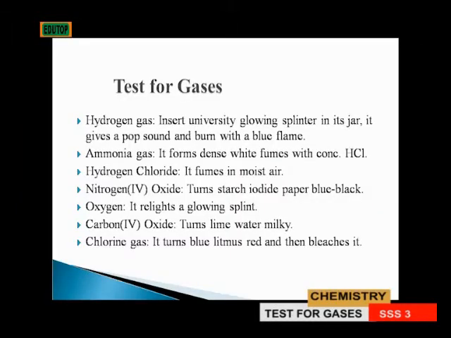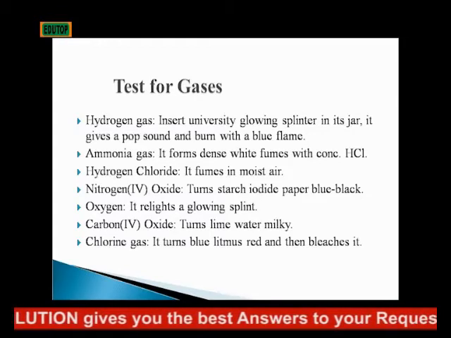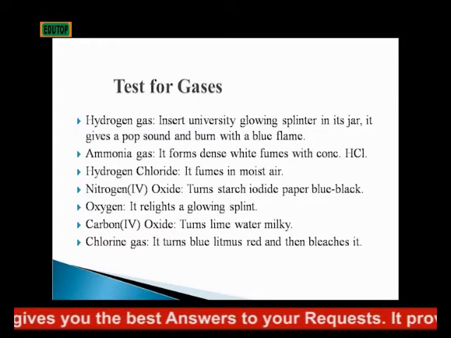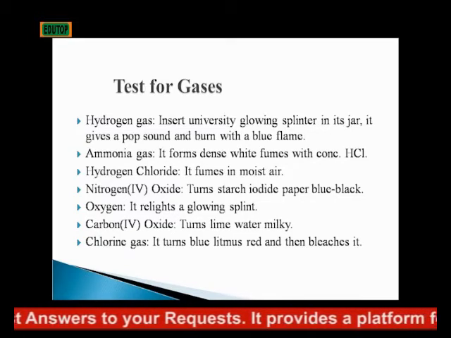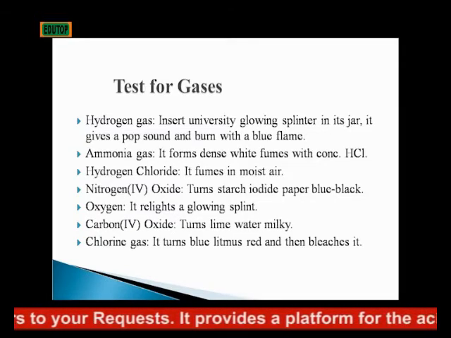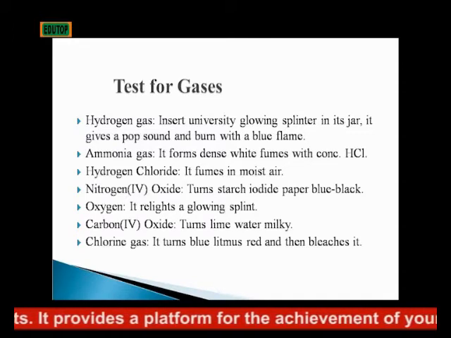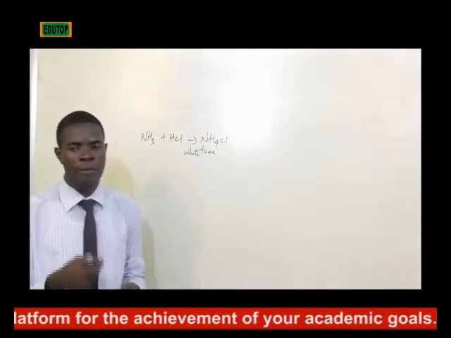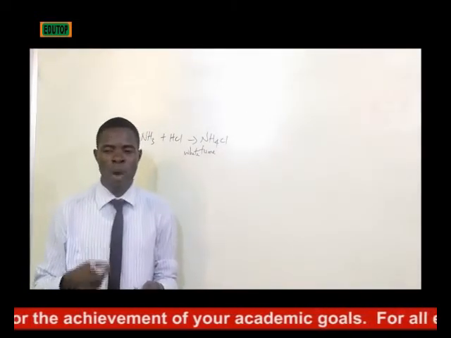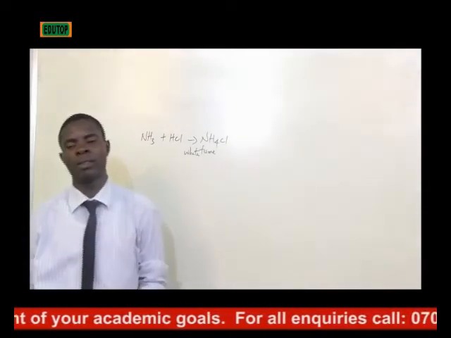Hydrogen chloride forms fumes in moist air. Nitrogen (IV) oxide. How can nitrogen (IV) oxide be tested for? It turns starch iodide paper blue-black. When a starch iodide paper is introduced into a gas jar of nitrogen (IV) oxide, it turns the paper blue-black.